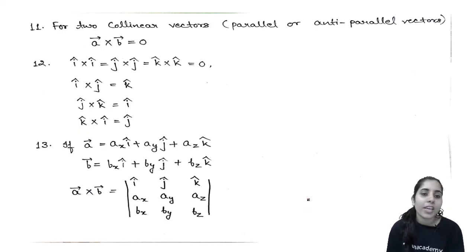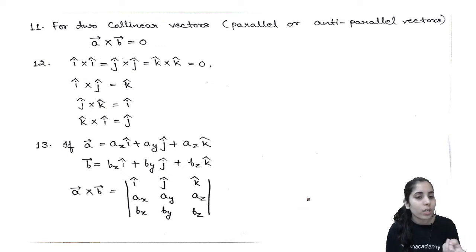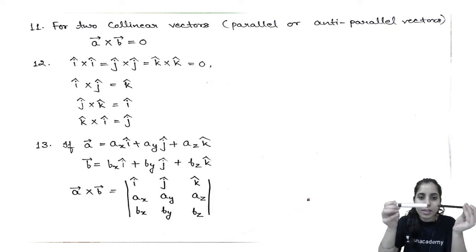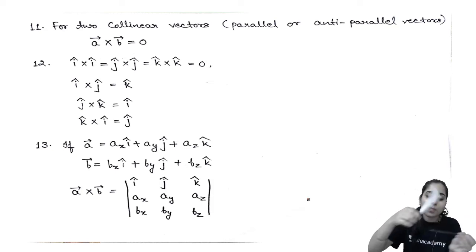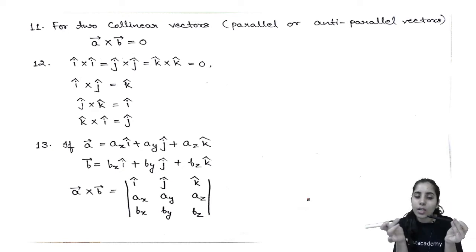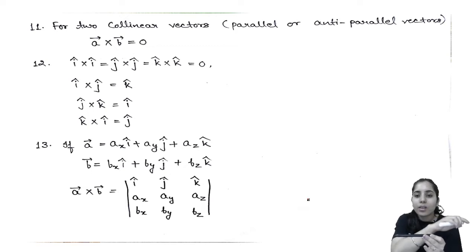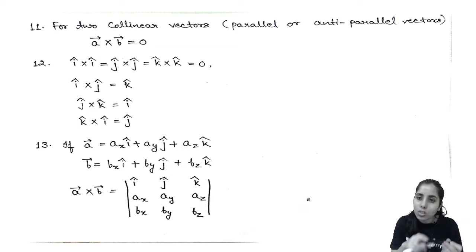Next, if any two vectors are collinear, parallel or anti-parallel, then the cross product of those two vectors will be equal to 0. Collinear means what? If this is one vector and this is another vector, they both exist in the same line, or they are parallel to each other, or anti-parallel, meaning one is heading towards this direction and the other towards the opposite direction.